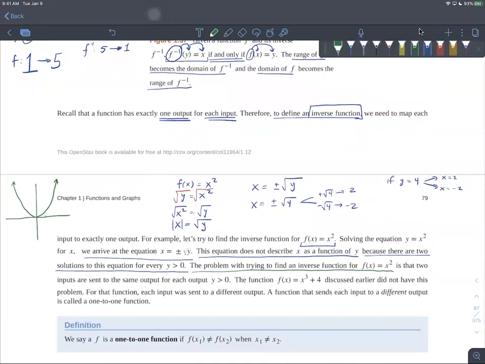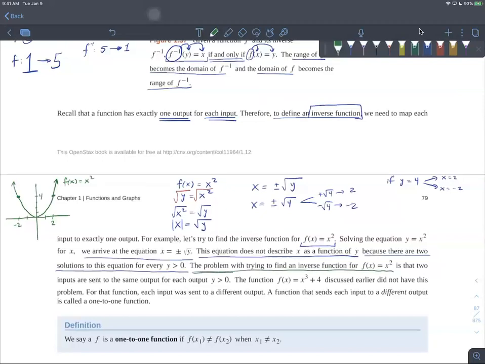But as you can see, for an x value of +2 and an x value of -2, and this is just a little sketch here, we have the same y value of 4, right? This is the function f of x equals x squared. For 2 and -2, the same y value 4 occurs. And so that's what this is saying.